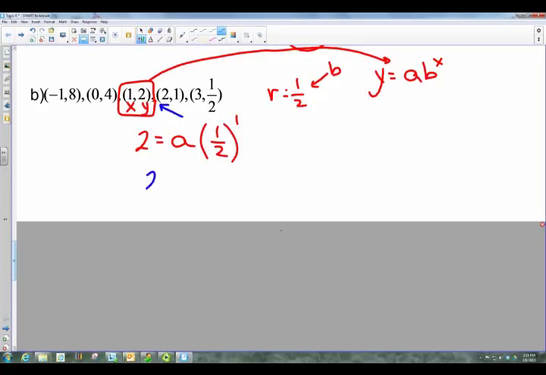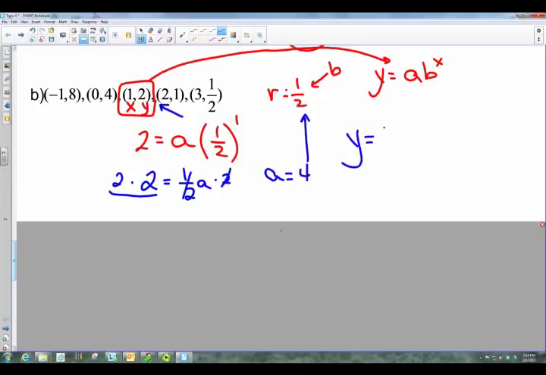And now solve it. So 2 equals, well, 1/2 to the first power is just 1/2. So you have 1/2 a. Solve this by multiplying both sides by 2. You get a equals 4. Those two will cancel, and then 2 times 2 is 4. So we know a is 4. Well, we know a, we know b from right there, and we put it in our model.